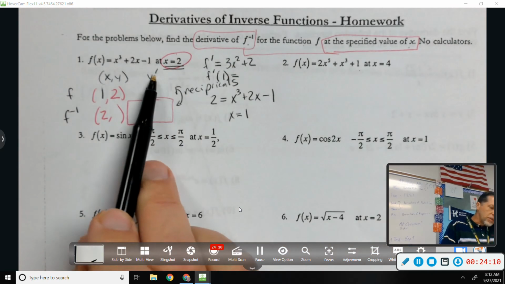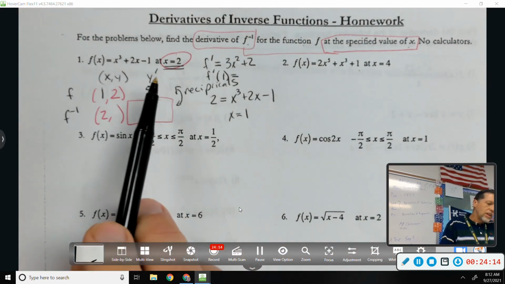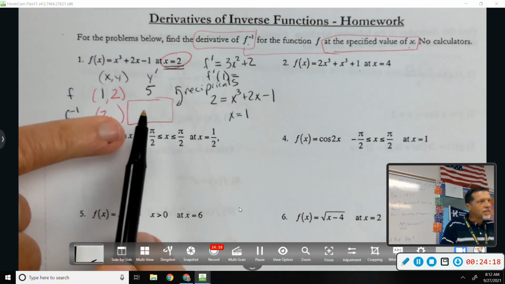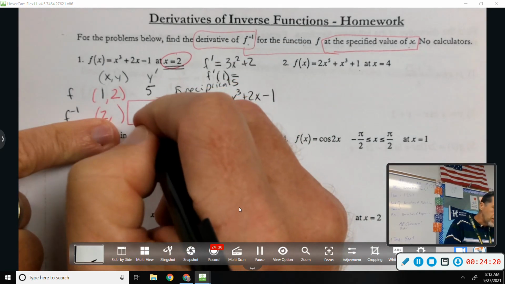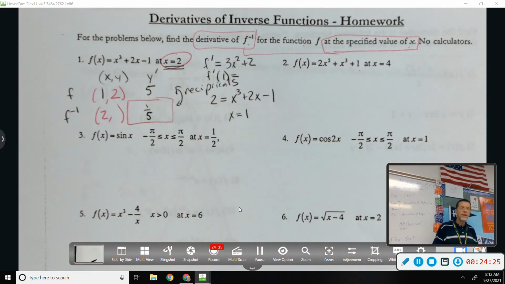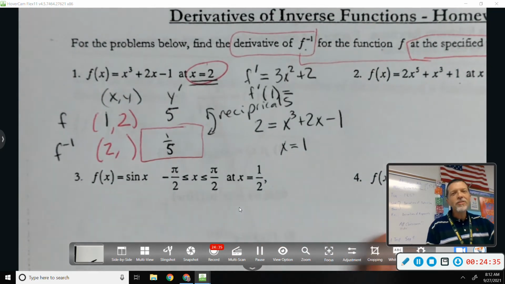So that's the derivative of f at 1, which means the derivative of the inverse at 2 is 1/5. And that's the answer. Yes, you're like, and that's it, right? We're done. Yes.